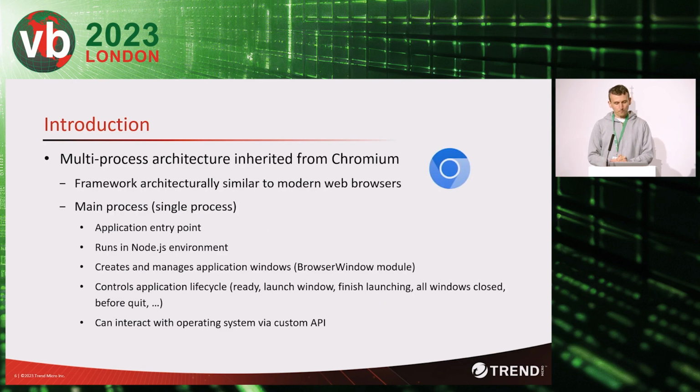And the process architecture is inherited from Chromium. In Chromium, you have several different processes. There's usually one main single process, which is responsible for the application entry point, which runs the Node.js environment, which manages the application lifecycle, which creates the browser and application windows, and so on.